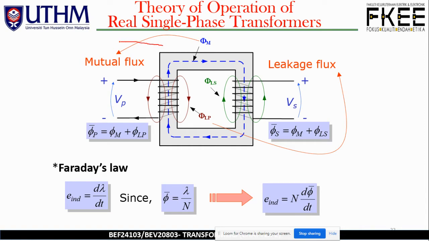Here is the mutual flux that flows inside the core, particularly this rectangular core, moving from primary to secondary and back to the beginning point to complete one cycle, and this is known as the mutual flux, phi m. So what about the leakage flux?